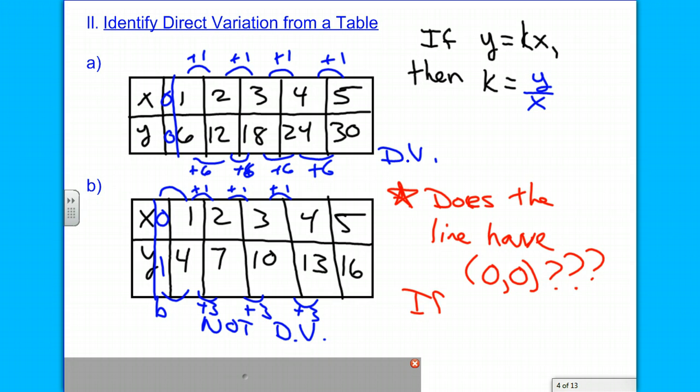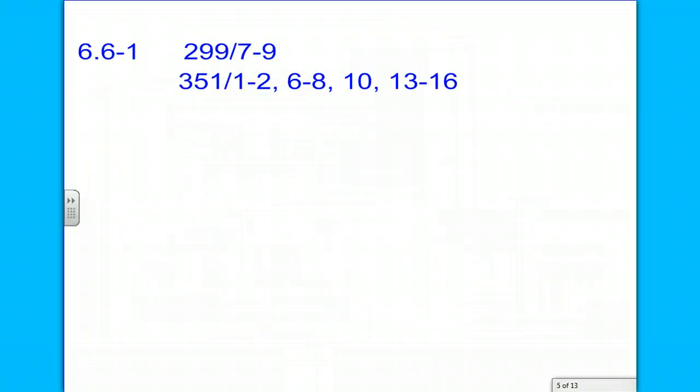If yes, we have direct variation. That's huge. So what are you going to think of when you think of direct variation? 0, 0. These are lines that cross 0, 0. There you go. Plenty of time in here, so be really careful, workers.